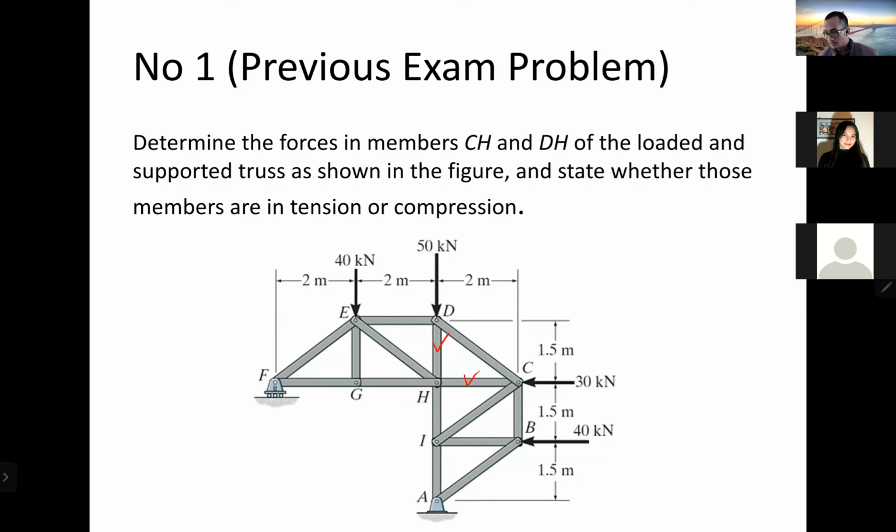Those two members, right? Yes. Okay, so where do you think we should cut it, Omar? Any idea? No idea yet? No. Okay.